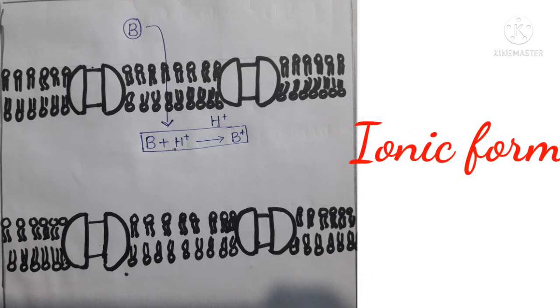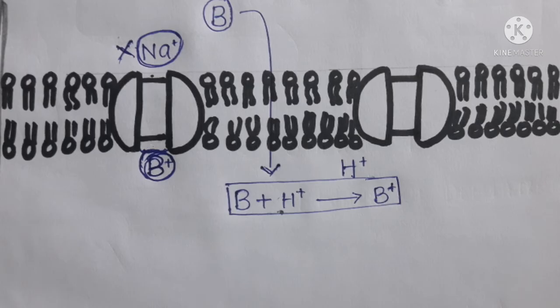The H plus ions present inside the cell combine with the weak base B to form the ionic form. What happens? This ionic form of LA is lethargic, it becomes heavy, it cannot cross back over the cell membrane, and hence it stays inside the cell itself. The ionic form goes and blocks the sodium gated voltage channels.